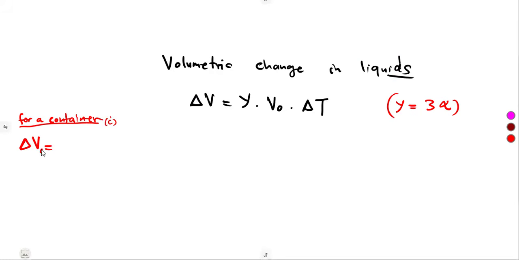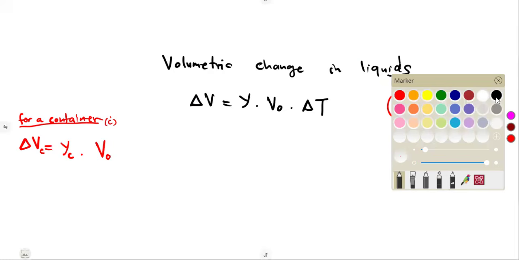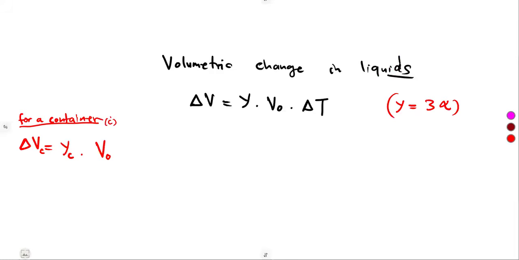The change in volume for the container will be equal to what? The volumetric expansion for what? For the container times the original volume. So take note, the original volume now is this one, not the volume of the container. No. That one, it is the capacity of the container.